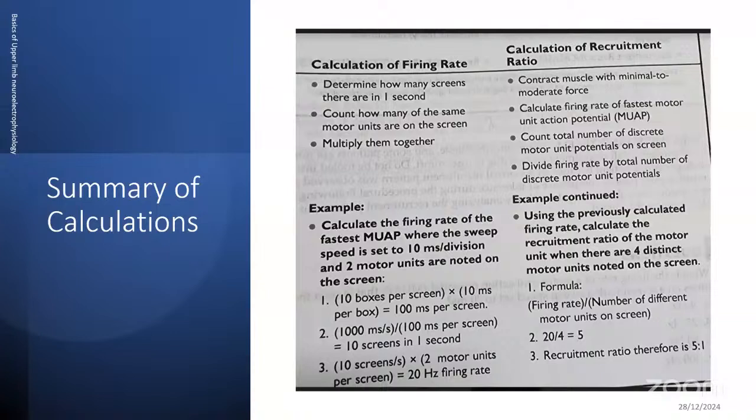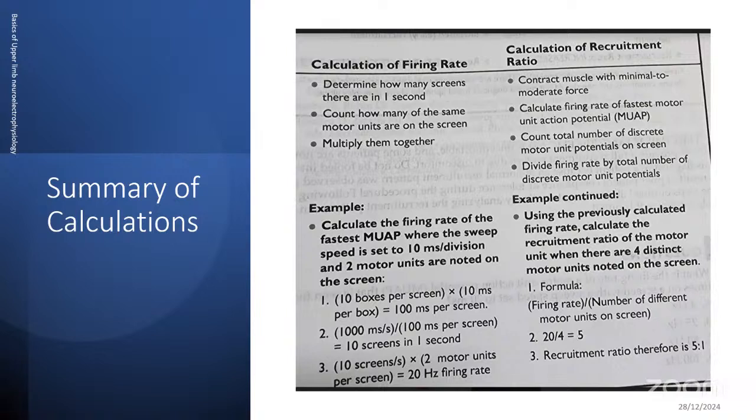So you have to calculate the firing rate: determine how many screens there are in 1 second, count how many of the same motor units are on the screen, and multiply them together. Let's take an example. Calculate the firing rate of the fastest MUAP, where the sweep speed is set to 10 milliseconds per division and 2 motor units are noted on the screen.